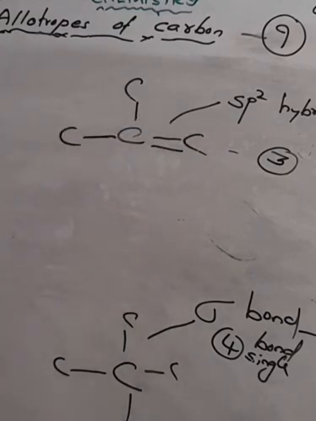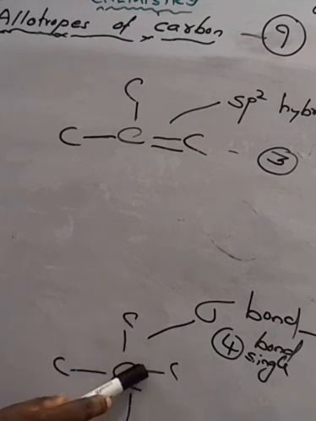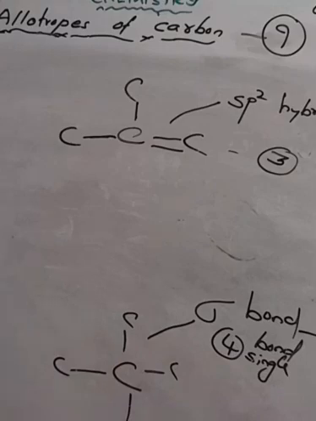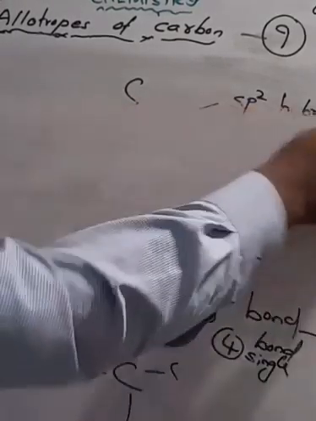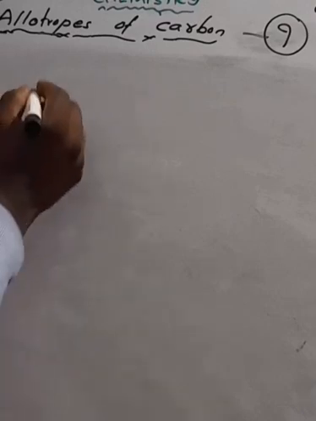Suppose single bonds are present, we call it sp3 hybridization. Here in graphite, the central carbon atom possesses sp2 hybridization. So we are explaining about that. What is the bond length of the carbon-carbon bond? What is the bond length?